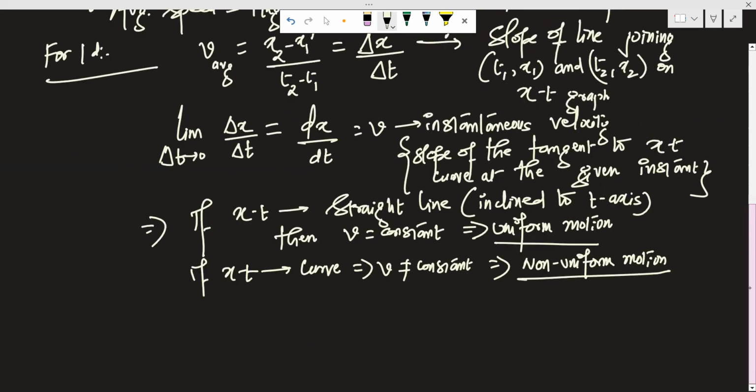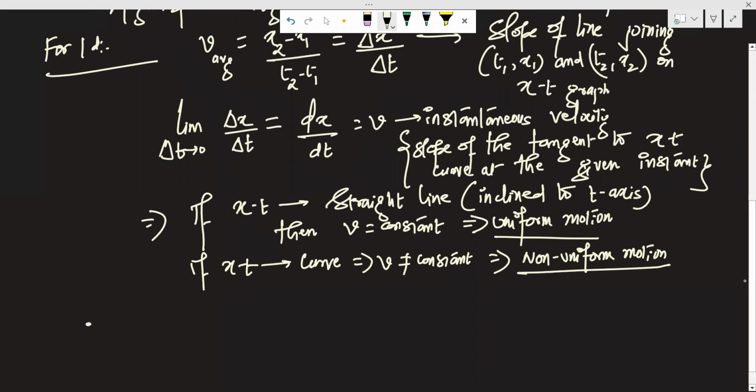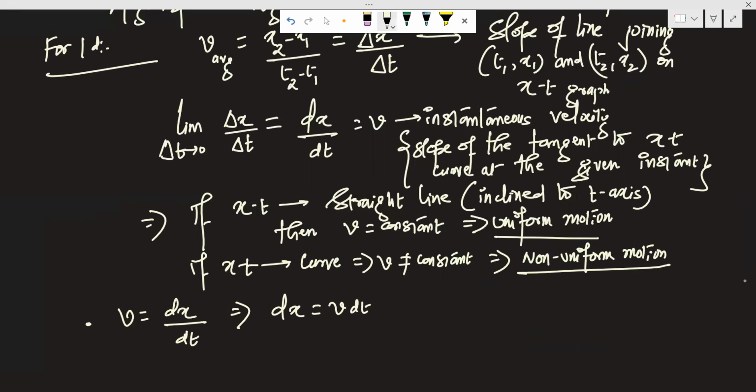Now, secondly, as v is dx/dt, as velocity is the rate of change of position, that means dx will be v dt. That means if in a small time dt the displacement is dx, then dx is v dt.